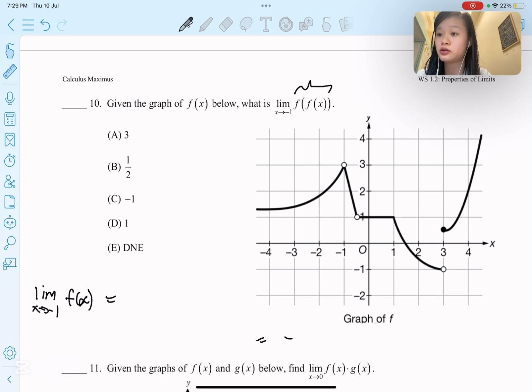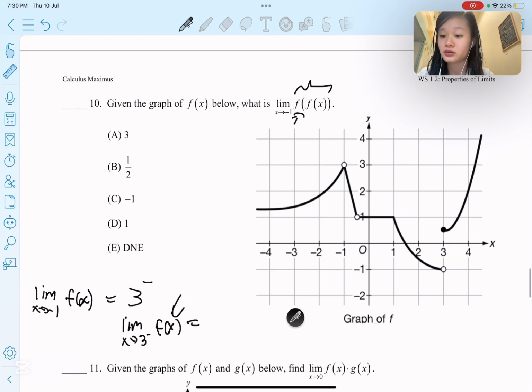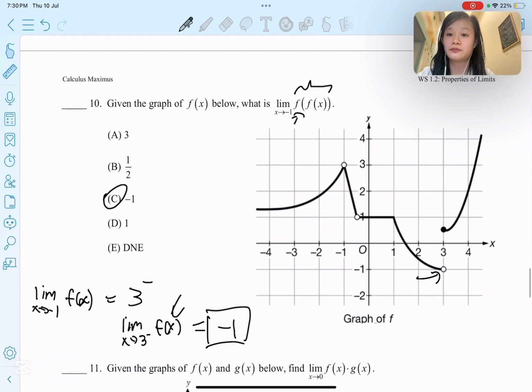Here they're both approaching the same value, which is good for us, which is 3. And because it's both approaching from the bottom, it's negative. So limit as x approaches 3 negative of f of x. Why do we do f of x again? Because there's two f of x's. This is nothing but 3 from the left, which is -1, and that is your answer.